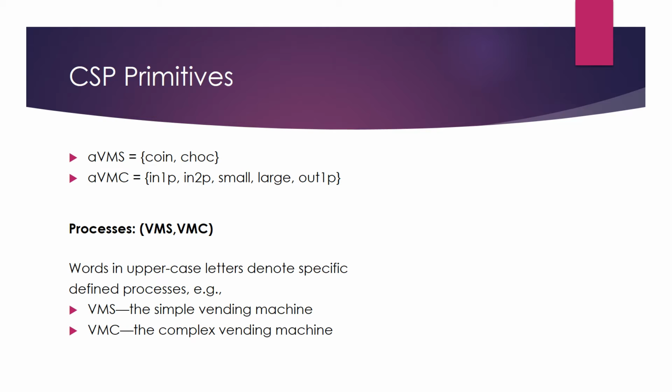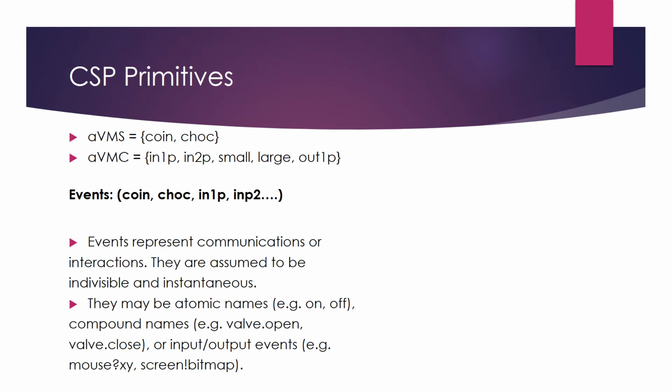We denote words in uppercase letters as specific defined processes, for example VMS. If you see in the upper one, VMS equals coin then chocolate, and we can have different types of process.